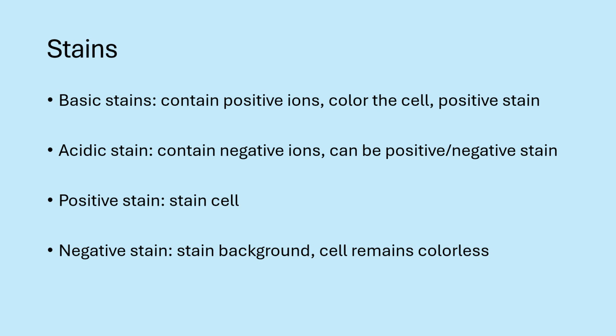It will pick up that stain, that dye. Acidic stain is the reverse. It has negative ions, and so in this case the background will be stained but not the cell. So a positive stain, which is using basic stains, stains the cell. A negative stain stains the background. The cell's going to remain colorless.